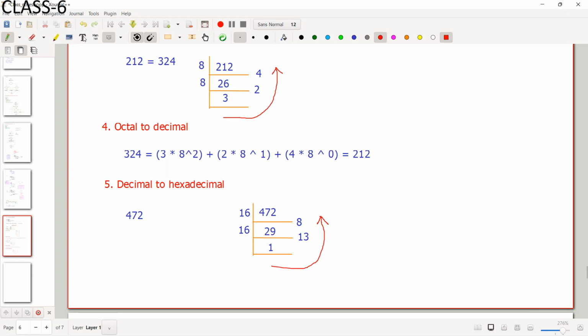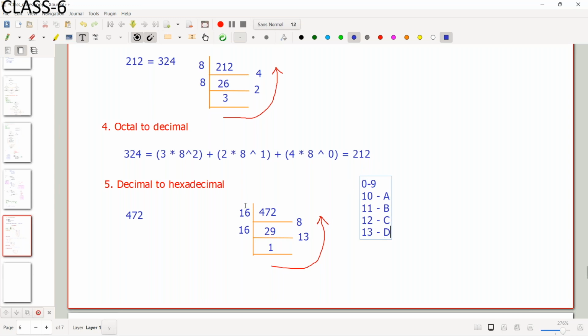We are using the digits 0 to 9 as they are. From 10 onwards, to represent that we are using alphabets. 10 is A, 11 is B, 12 is C, 13 is D, and till 15 only we have.